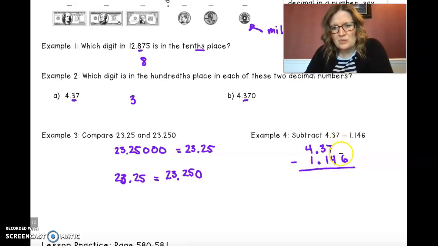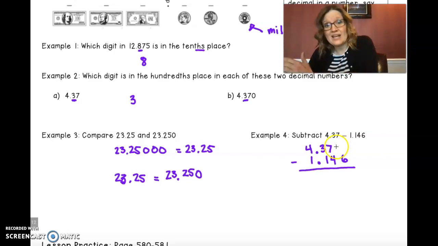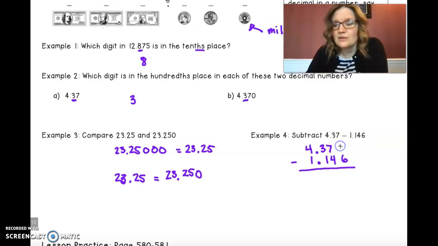Question here. What do we do with this little piece? Well, I can leave it empty, or I remember how we can put as many zeros as we want on the right of the decimal. I'm going to put a 0 here. Now I'm ready to begin doing my math. 0 minus 6, can't do it. I have to regroup.